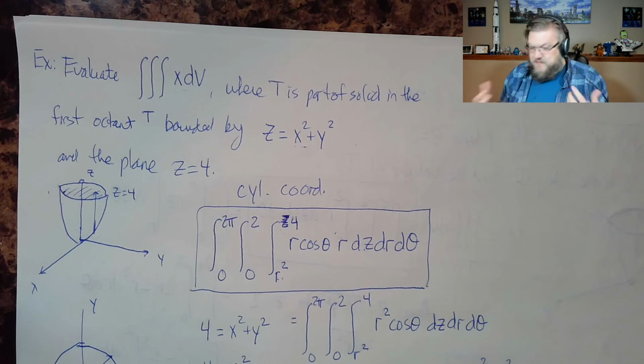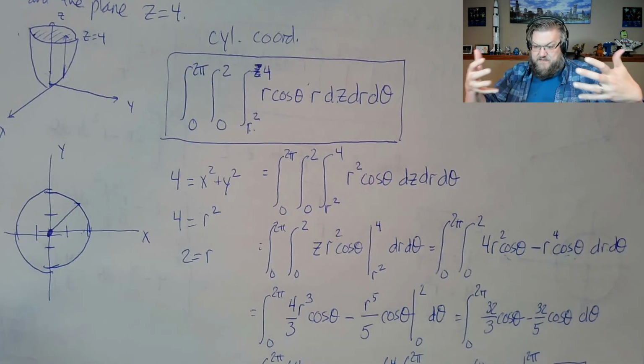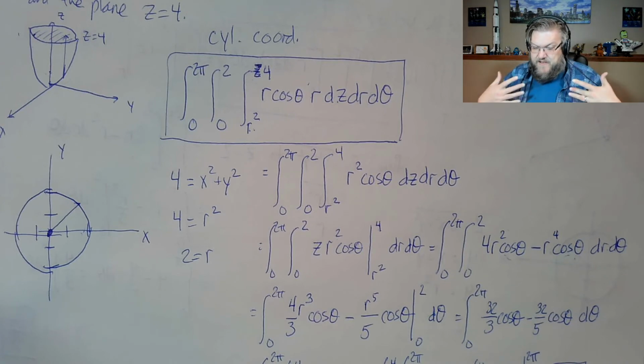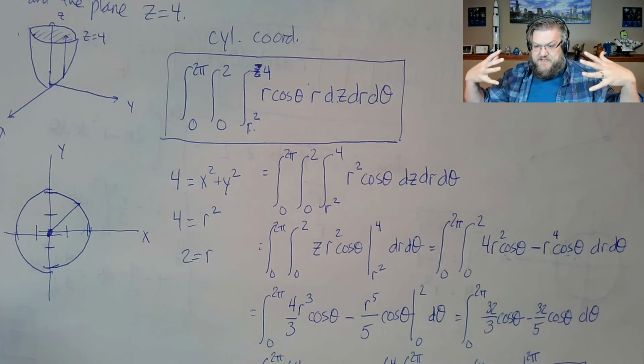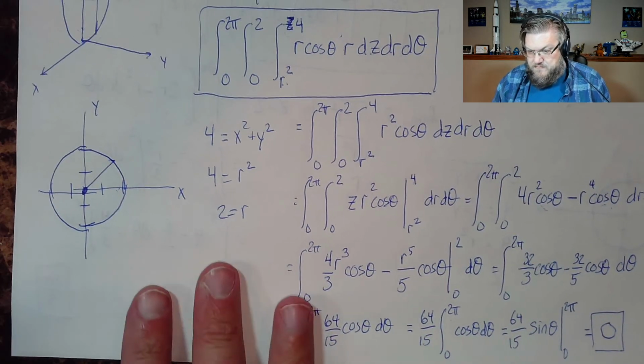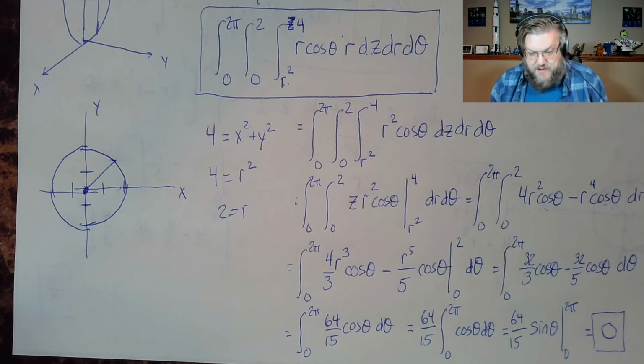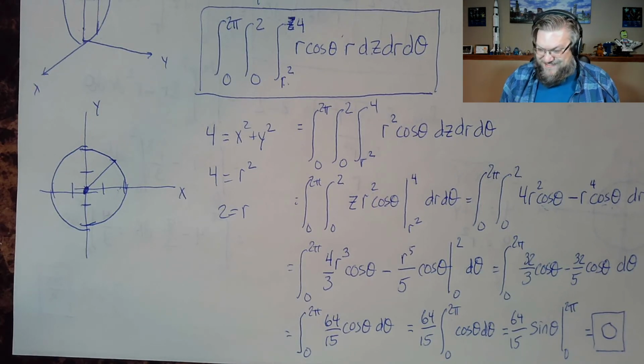In some sense, what this is saying is that there's a certain amount of x coordinates that are positive and a certain number of x coordinates that are negative, and that whole thing nets out to 0. That's basically what it's saying. But I know that's rather undramatic to get 0 at the end of that problem like that. So, all right. Any questions with that?